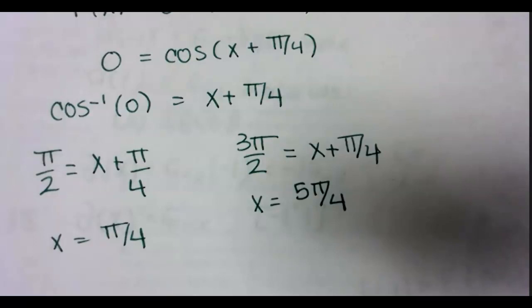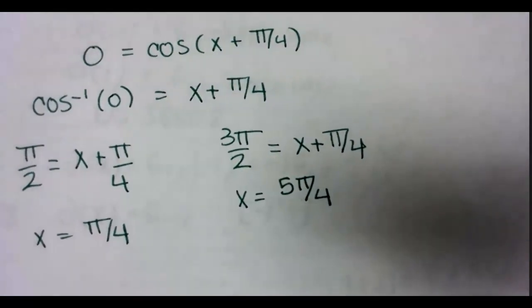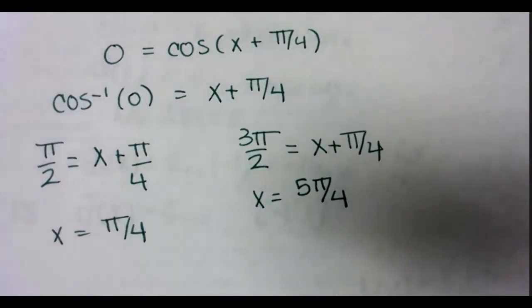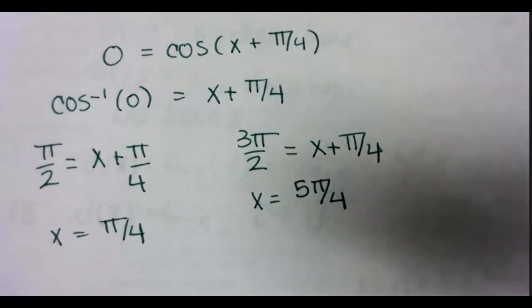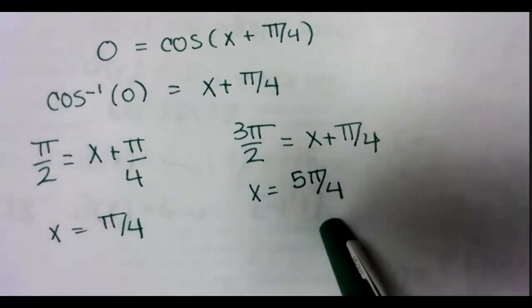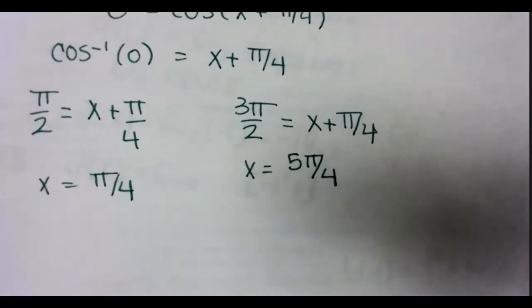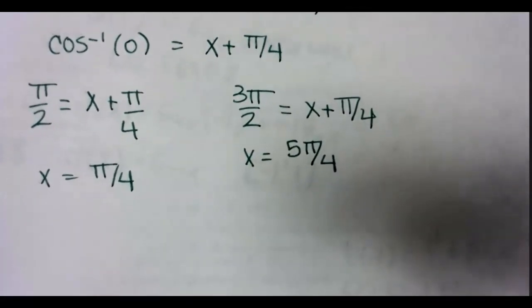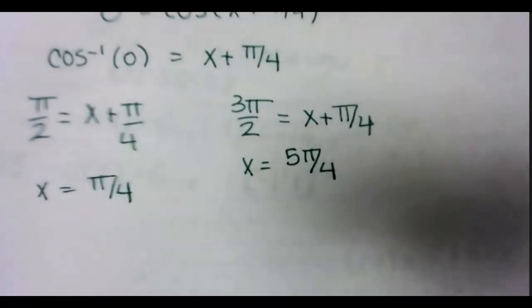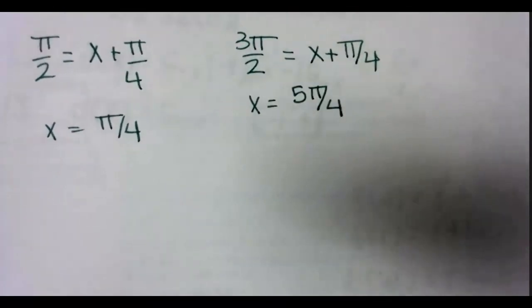And again, 5 pi fourths plus pi fourths would give you 6 pi fourths, which is 3 halves. So my two critical points are at pi fourths and 5 pi fourths. So critical points and endpoints are my potential absolute max and absolute min.